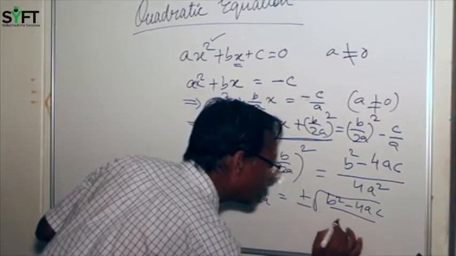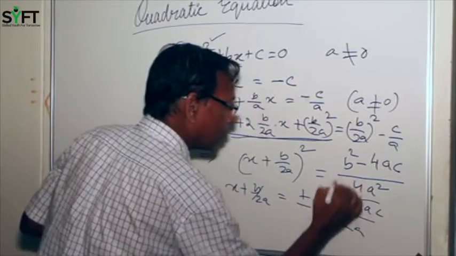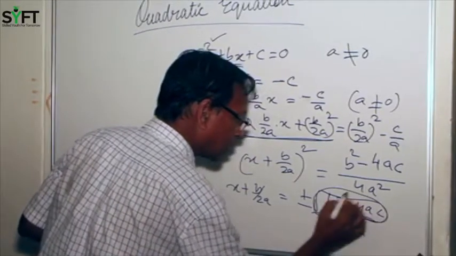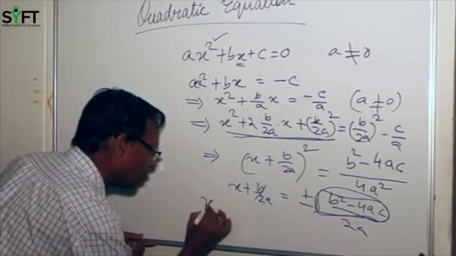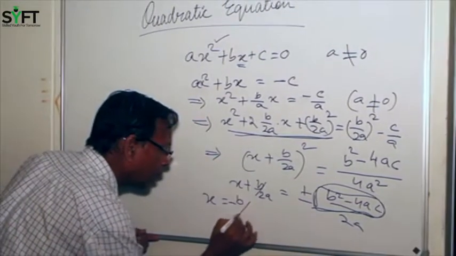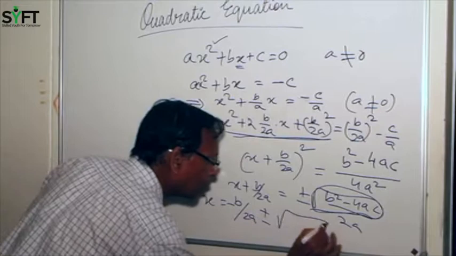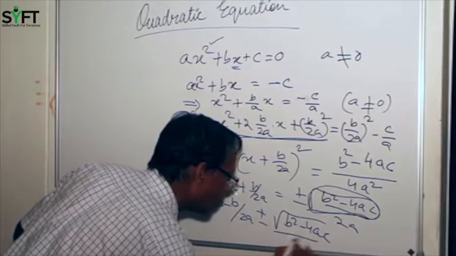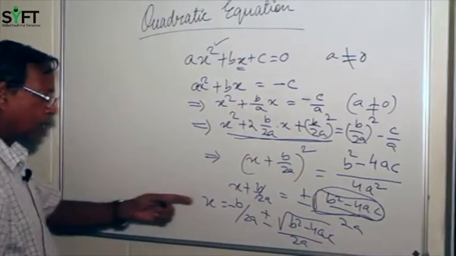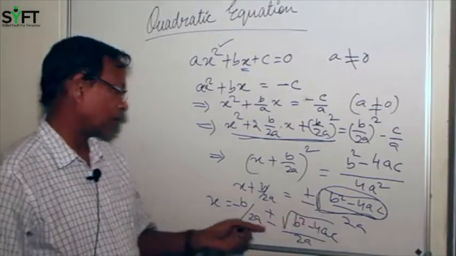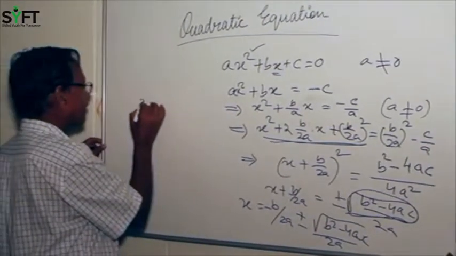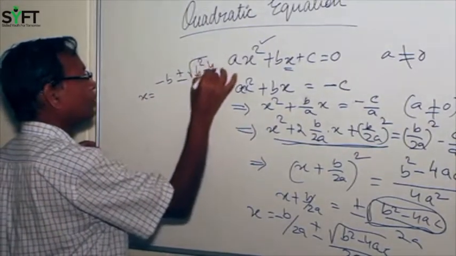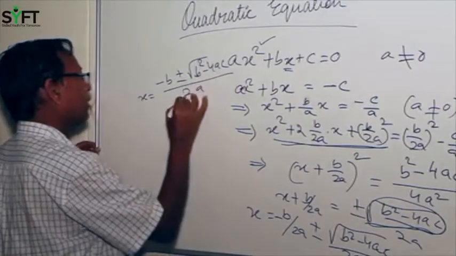When the square root is taken, plus minus this portion b square minus 4ac by 2a. So x is equal to minus b by 2a plus minus root over b square minus 4ac by 2a. If we take 2a common, we can write x is equal to minus b plus minus root over b square minus 4ac by 2a.